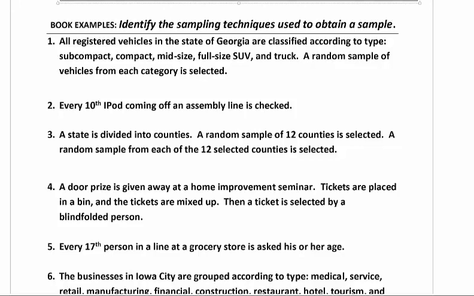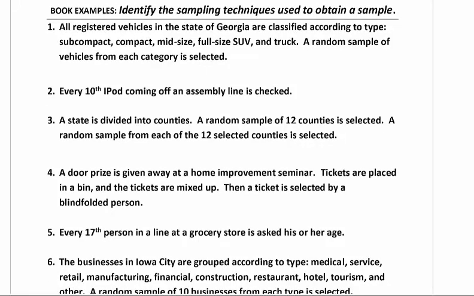Be careful on the ones that are dealing with grouping, because those are the two that are easy to confuse. So go ahead and do 1 through 5. Pause it and read 1 through 5. I'm going to go ahead and answer these. I'm not going to give enough time for you to think about them, so pause it now. Do 1 through 5. We'll talk about those.